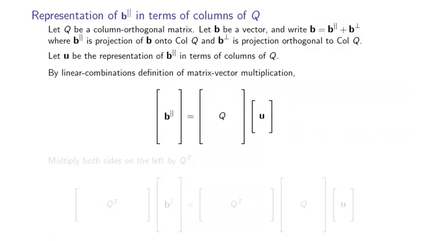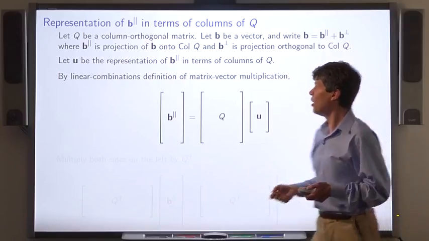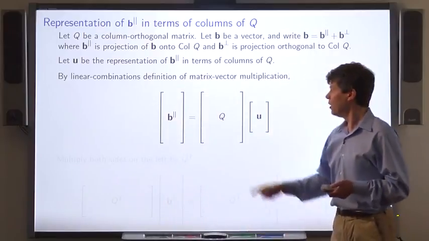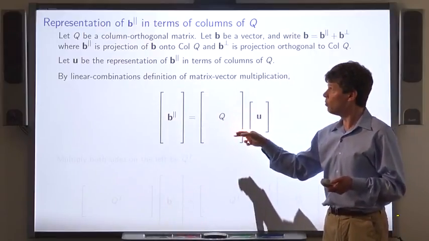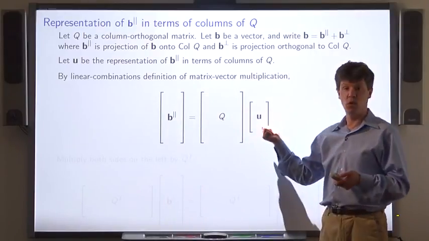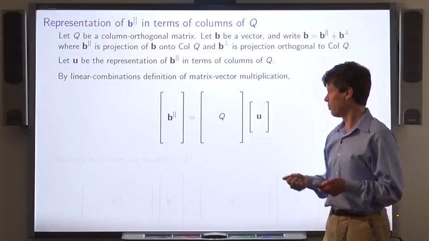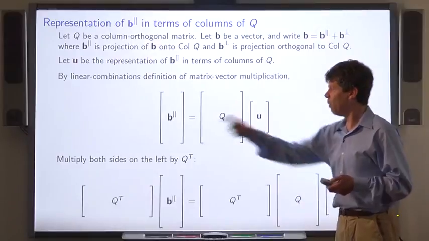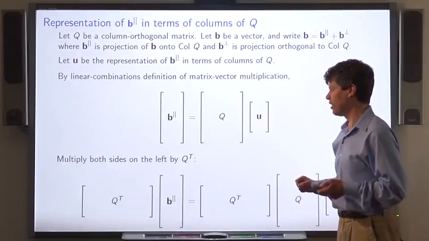By the linear combinations definition of matrix vector multiplication, the vector we're representing, B parallel, is the matrix Q times the coordinate representation U. Let's take this equation and multiply both sides on the left by Q transpose.